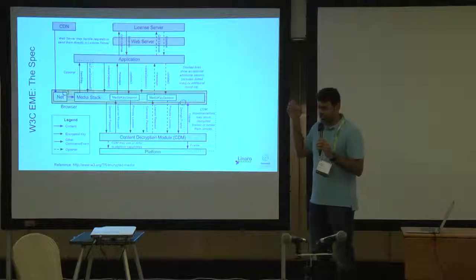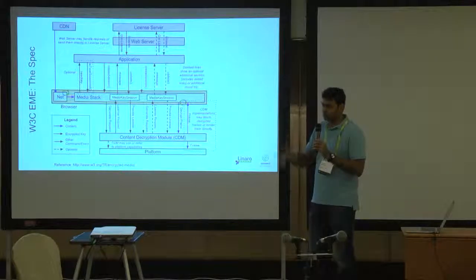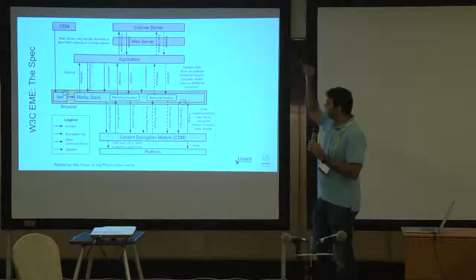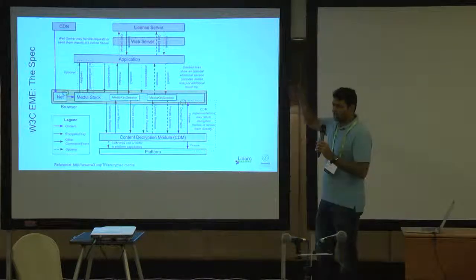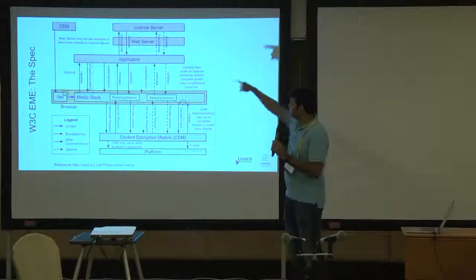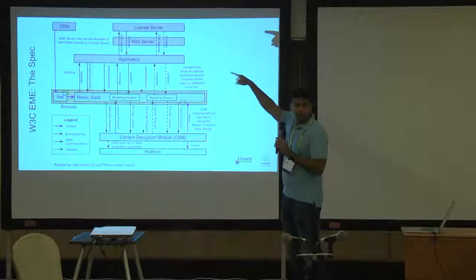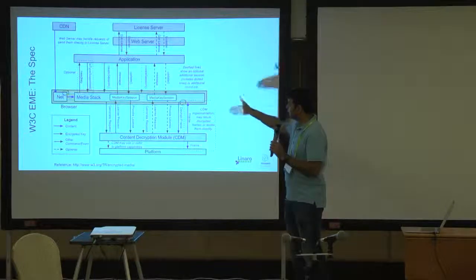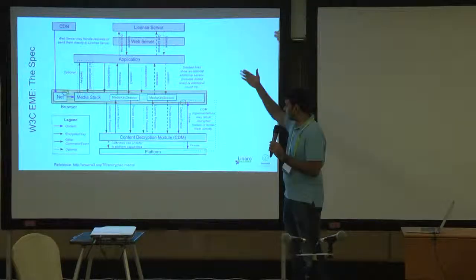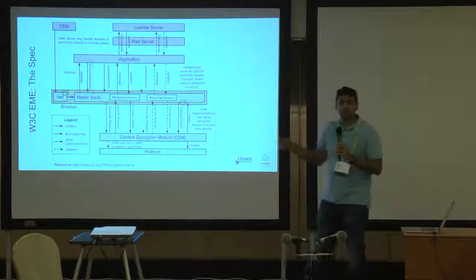It just knows, okay, this is the way I talk to the content decryption module, set up the link to the license server, and it's completely up to the content decryption module and the license server how to talk to each other. Like Microsoft PlayReady DRM might have certain messages going back and forth. The EME specification itself doesn't care, right?